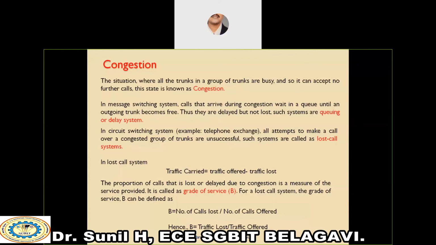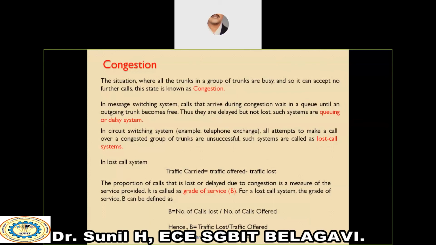When all 42 members are connected to a group, it will not allow the 43rd or 44th member to connect into that particular group, in case of circuit switching systems. That particular operation is called lost call systems. In lost call systems, traffic carried is equal to traffic offered minus traffic lost.